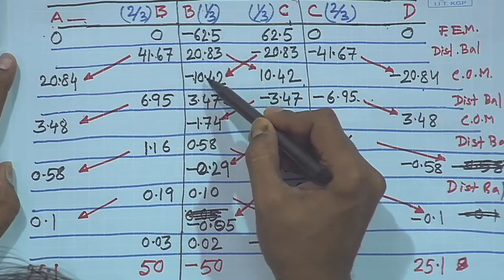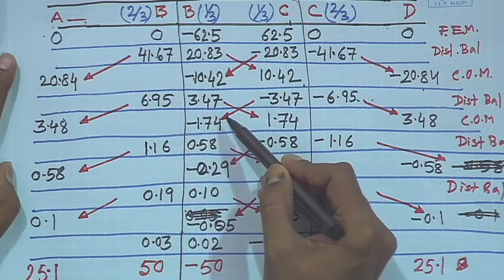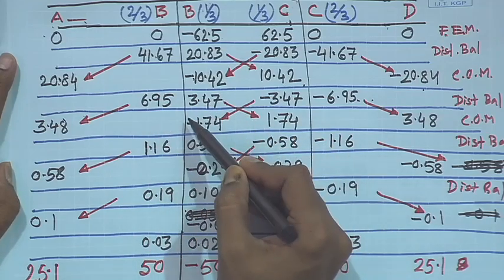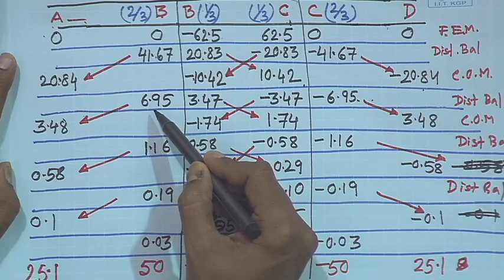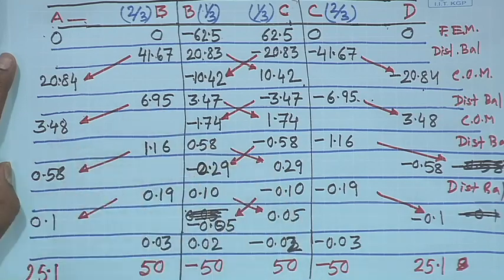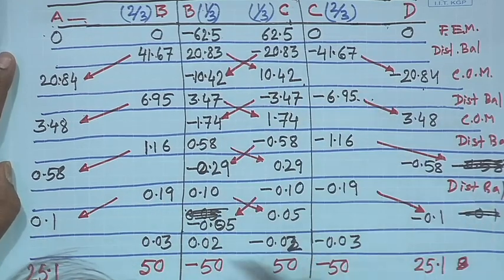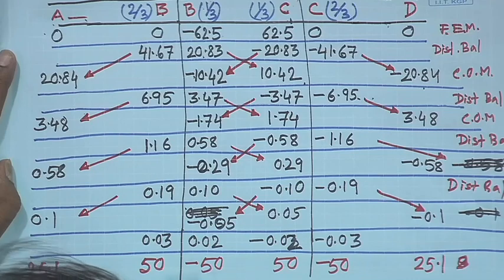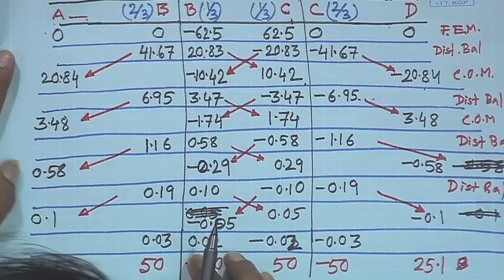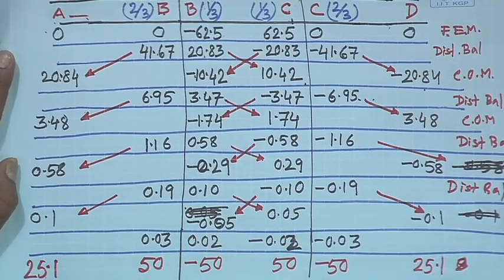The balancing moments need to be distributed over the connecting members, and then the distributed moments get carried over to the other end depending on the support condition. Okay. Finally we keep on doing it until we get convergence or reach the tolerance limit, and then finally this is the result that we obtain.